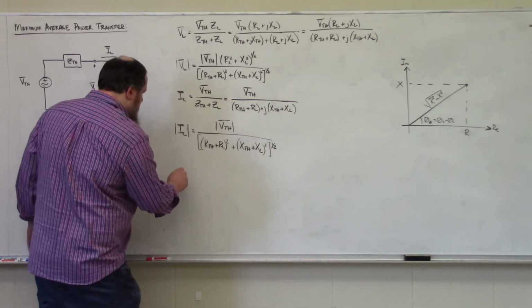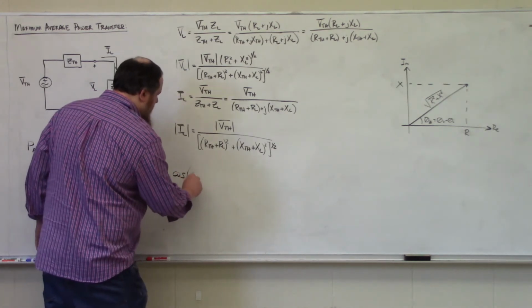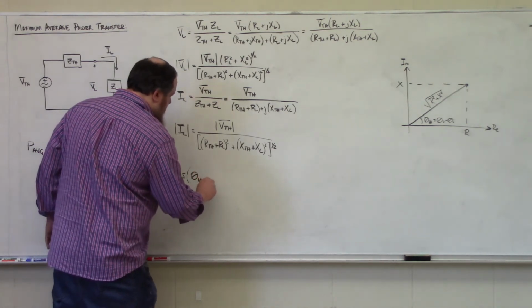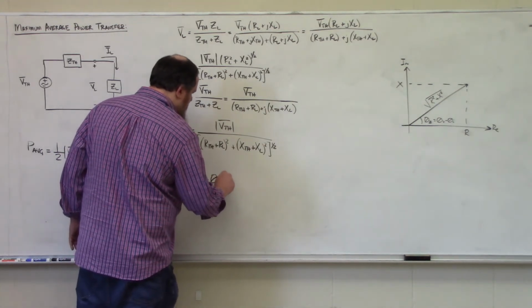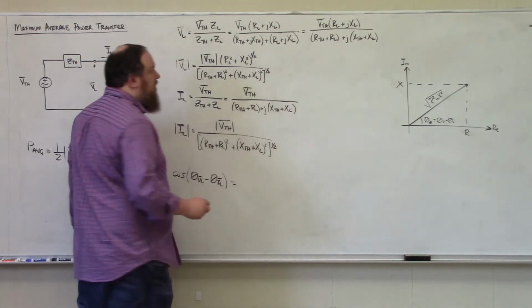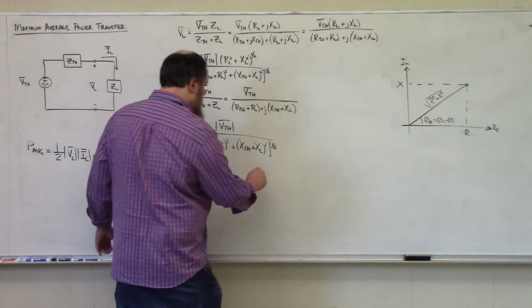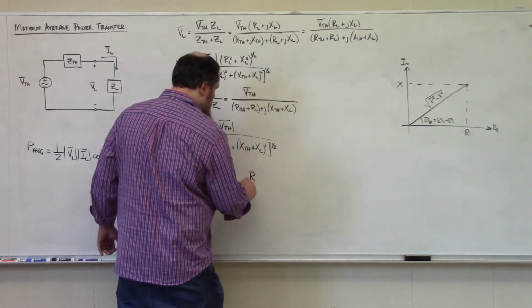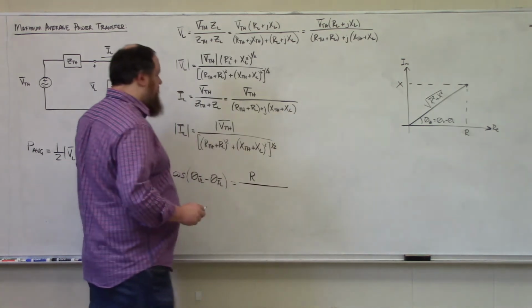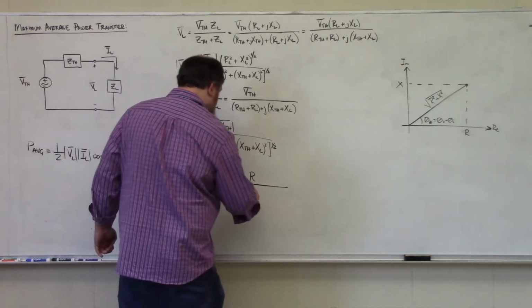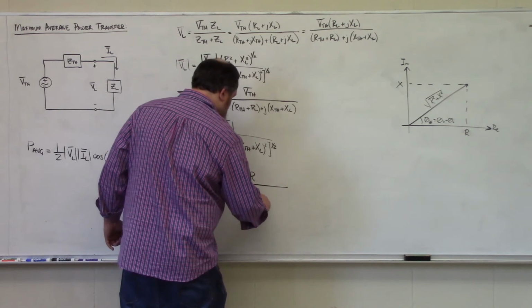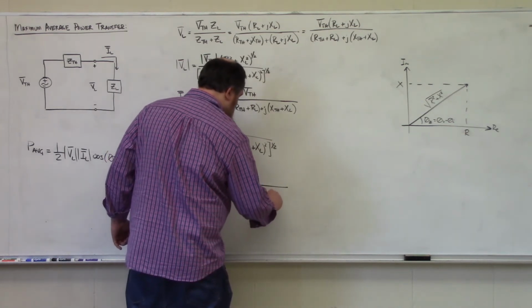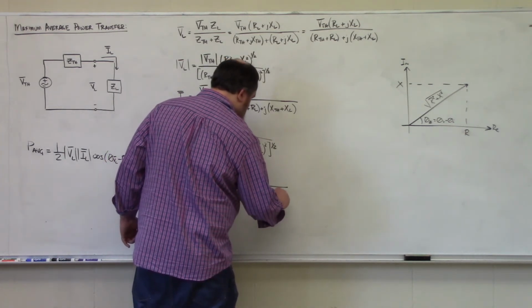So we can see that cosine of theta VL minus theta IL is R divided by the square root of RL squared plus XL squared.